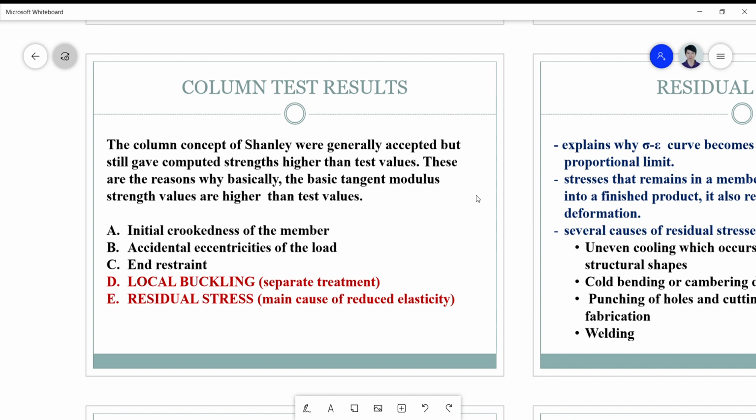And the reasons for such adjustment are found to be caused by these factors, which are very evident in the assumptions that were given earlier. So this is still the basic assumption.